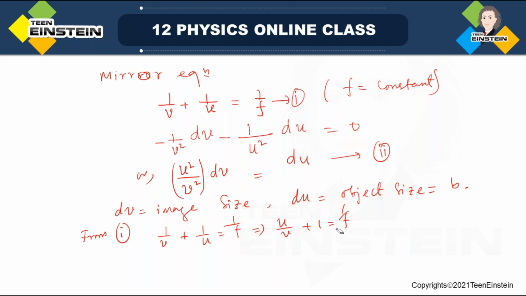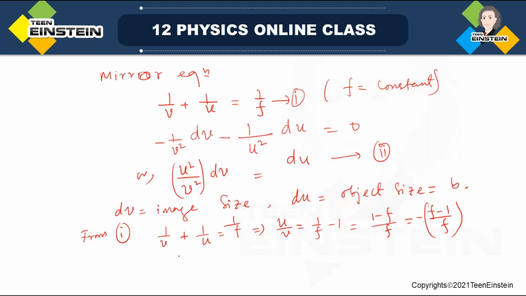Okay, so from here actually we can write u by v to be u by f minus 1. That means what? If we just take minus common, then it is actually f minus u divided by f, with the minus sign common over here.